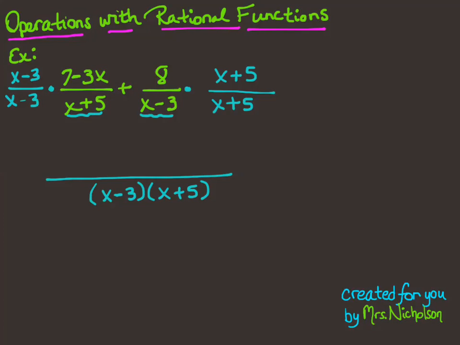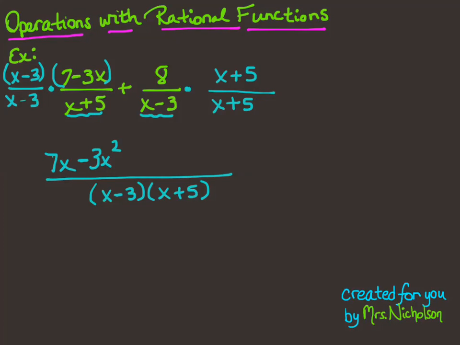Now in the numerator, let's start here on the left, and I'm going to add in some parentheses to make sure we do all our distributions correctly. I have x minus 3 times 7 minus 3x. So I'm going to start with the x times 7, and we get 7x. X times negative 3x would be negative 3x squared.